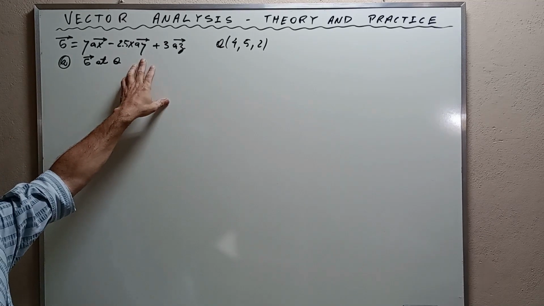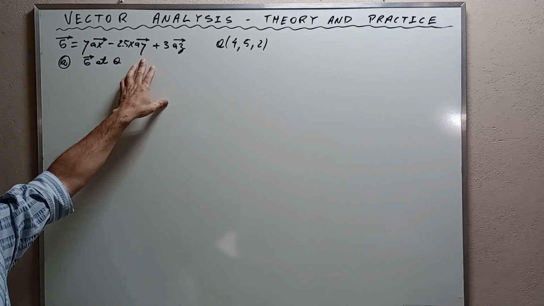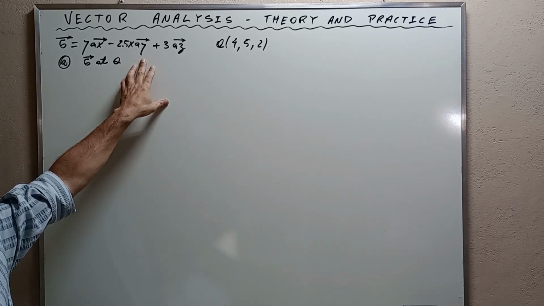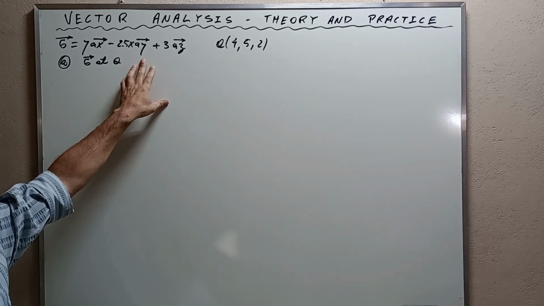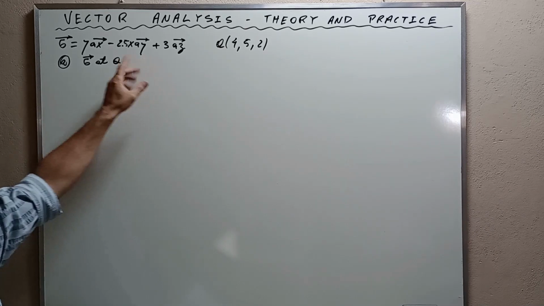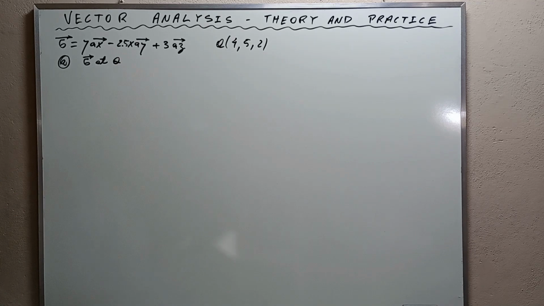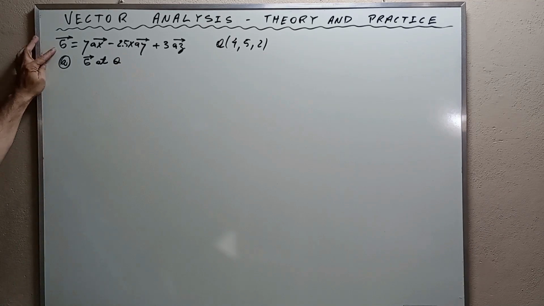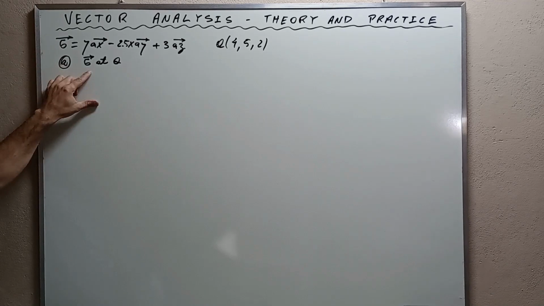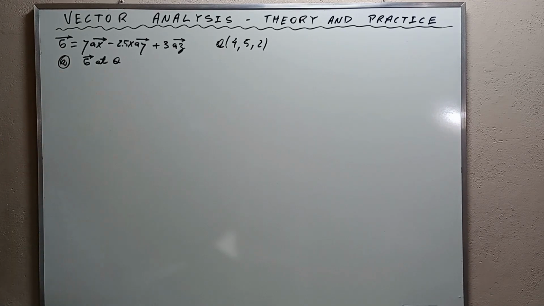This is a vector field. Any kind of vector field. It could be a magnetic field, for example, or an electric field. It is described by this vector equation here. We want to find the G at Q. How do we do it?